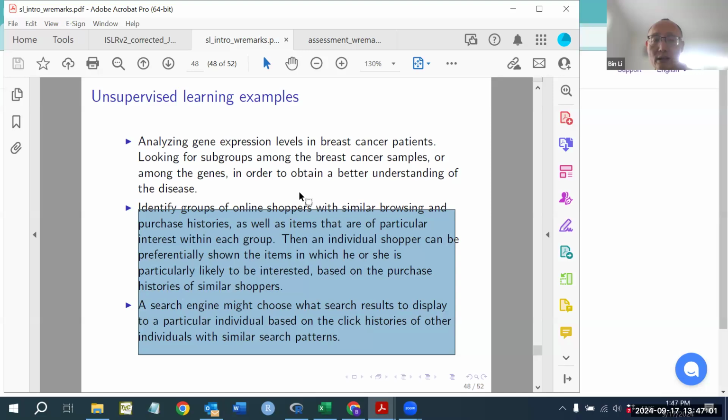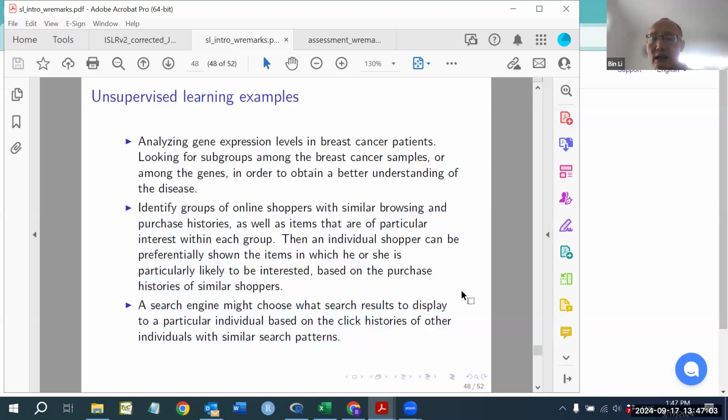Like the second one is used in online shopping, to find out a particular subject's preferred items based on the subject's shopping history.